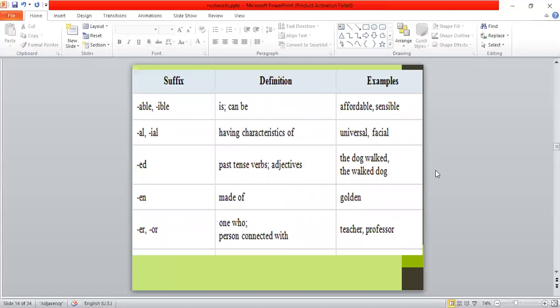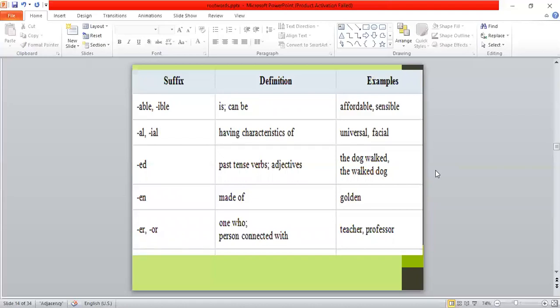Come to the suffix examples. Suffix able or ible means is or can be. For example, affordable or sensible. Suffix al or ial means having characteristic of, like universal, facial.